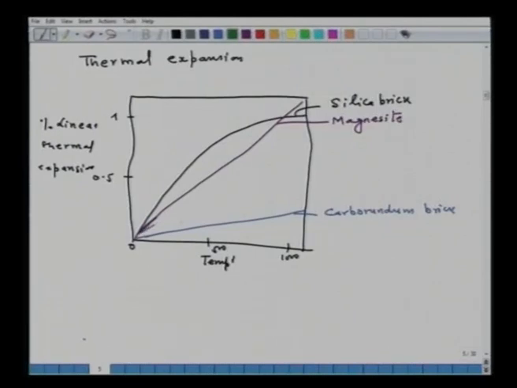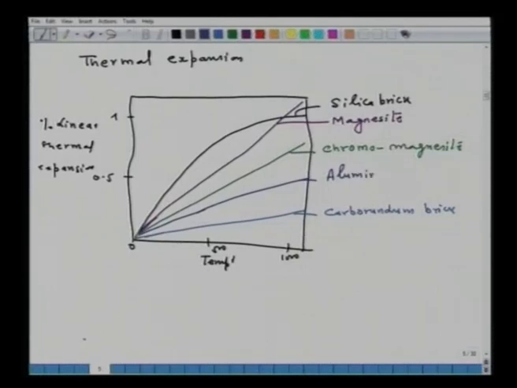Then the chrome magnesite is somewhere here. Chrome magnesite, and these are the aluminous fire bricks.